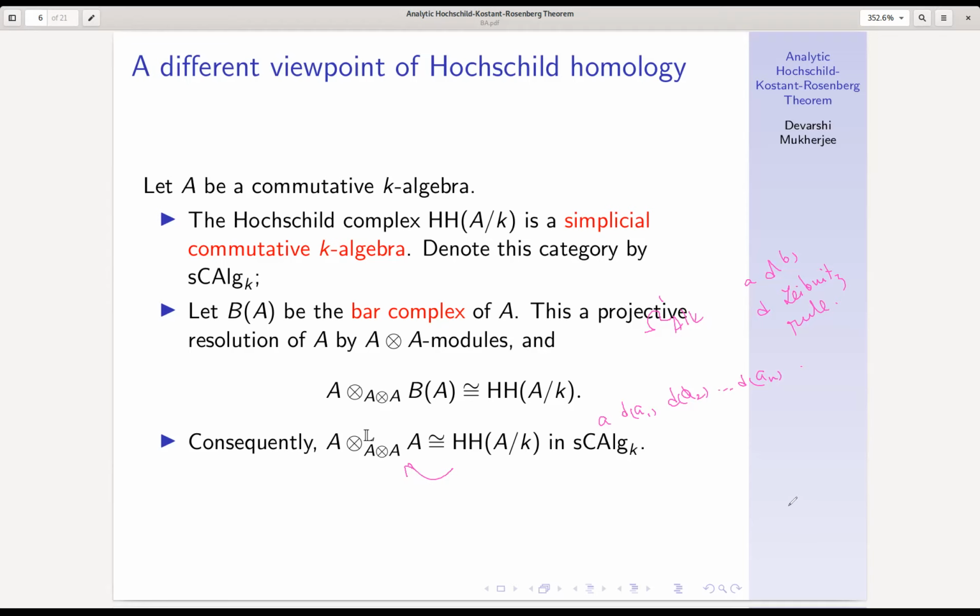And in that sense, I should understand the derived tensor product. Yeah, in the category of simplicial modules over A tensor A. But then you say the isomorphism is in simplicial algebra. So the derived tensor product is not derived in the sense of the category of simplicial commutative algebras with some model structure, but in that of modules. Yeah. Okay.